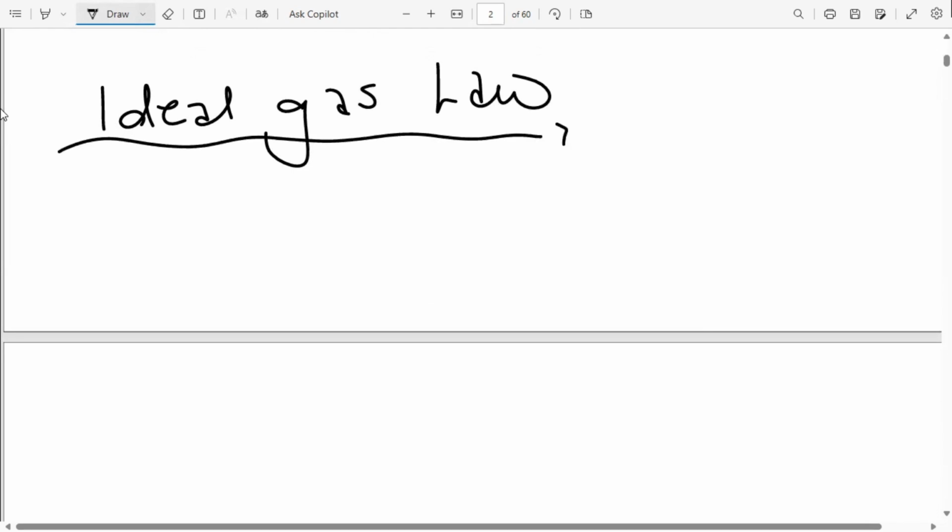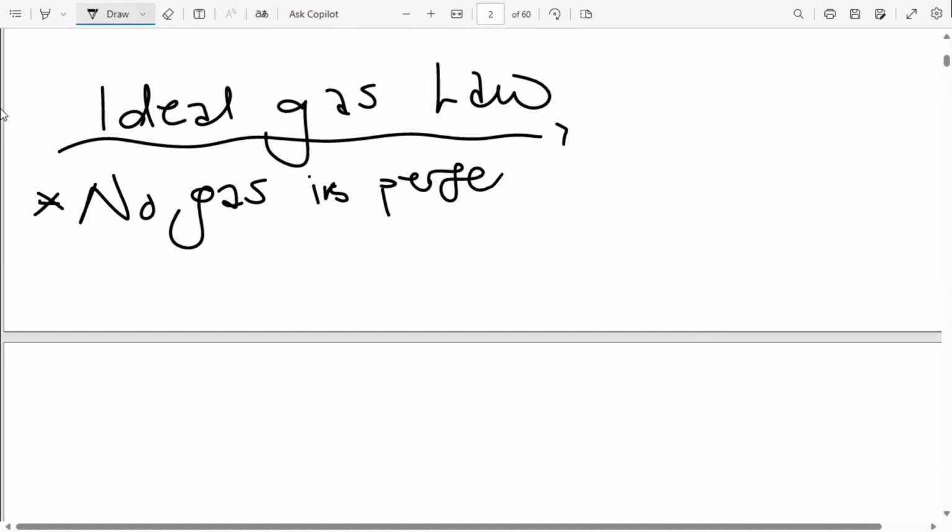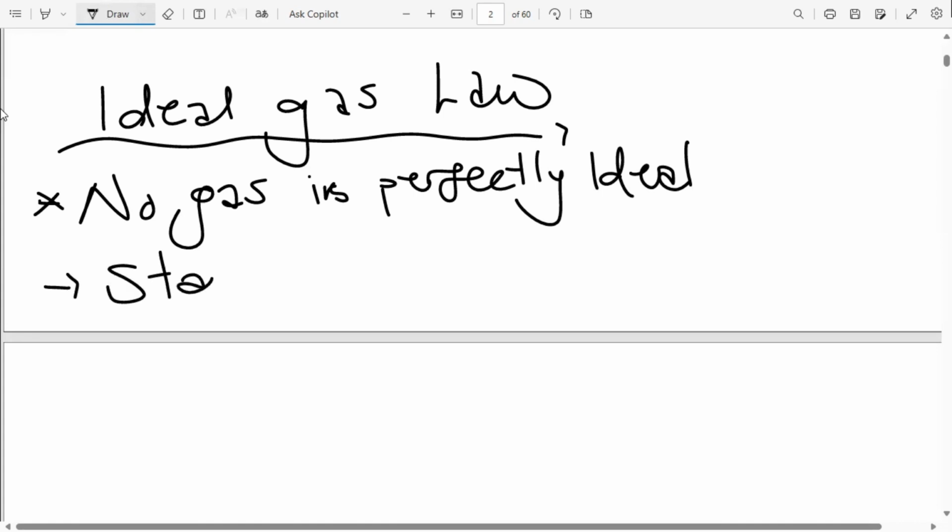Under the ideal gas law, you can write this point to say no gas is perfectly ideal. But this model, with all the assumptions we talked about, works well on gases that are under standard conditions.